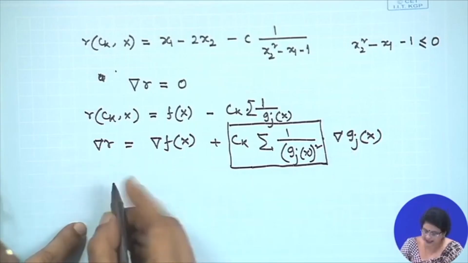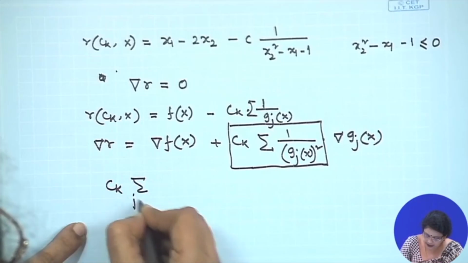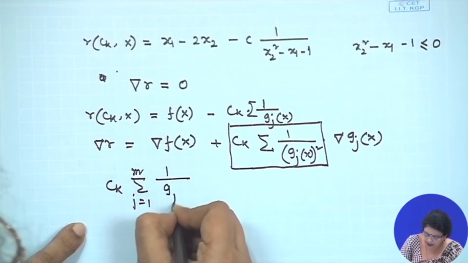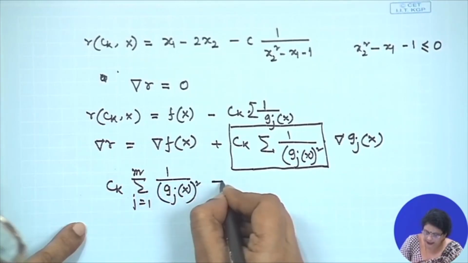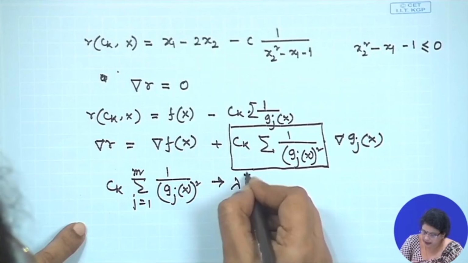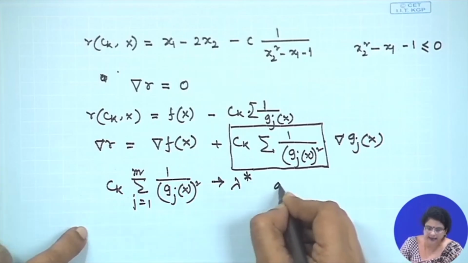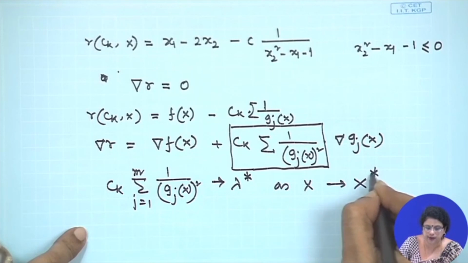Here also we can say that c times the summation over j equal to 1 to m of 1 by g_j(x) whole square tends to lambda star, that is, the Kuhn-Tucker multiplier, as x tends to the optimal point.